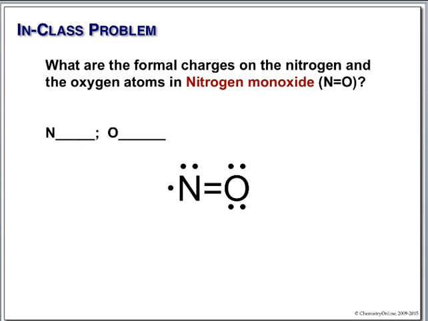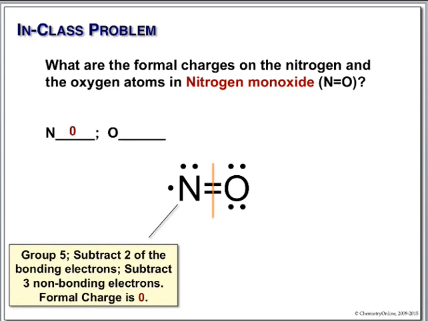Then we're going to compare the atoms to the atom as it is in the periodic table. So let's split this. Oh, I guess I started with nitrogen.